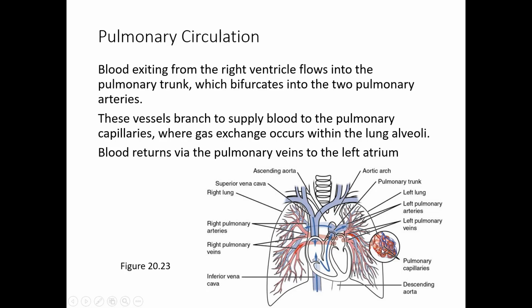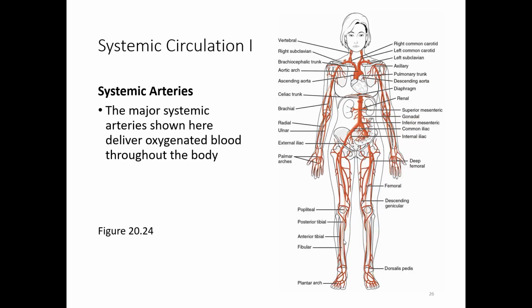In those capillaries, gas exchange happens: blood receives oxygen, carbon dioxide goes into the alveoli, and we just breathe it out. Oxygenated blood returns from the lungs through the right and left pulmonary veins into the left atrium. That's pulmonary circulation.